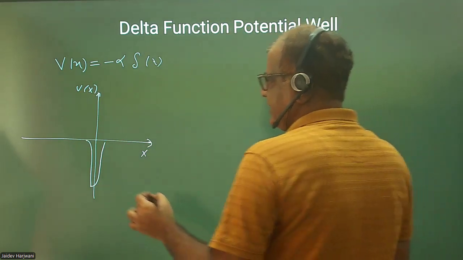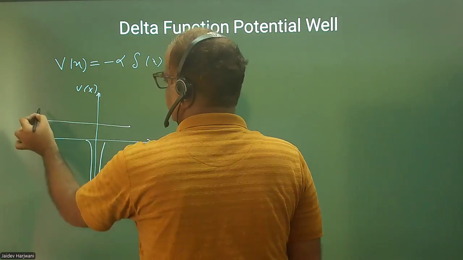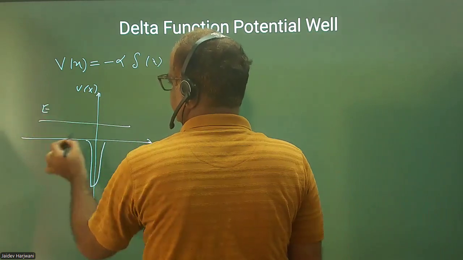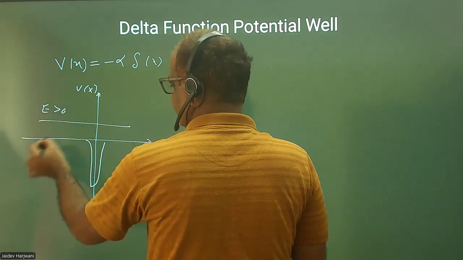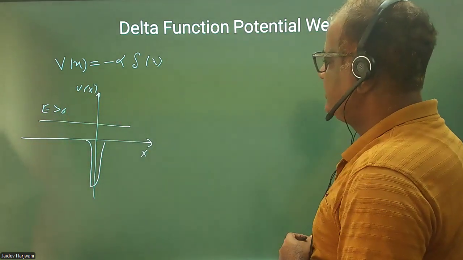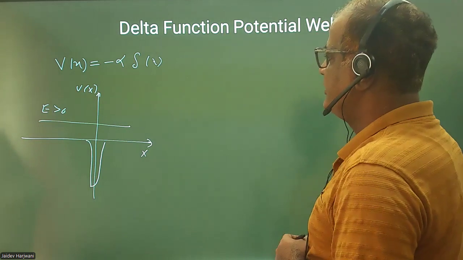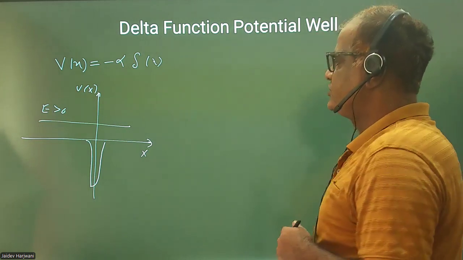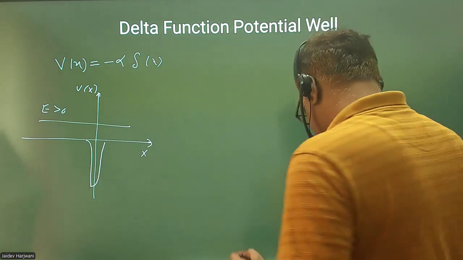Now my particle energy is here, that is E is greater than 0. Here we have 0 and our particle energy E is greater than 0. Now for this type of potential, I have to solve the Schrödinger equation.